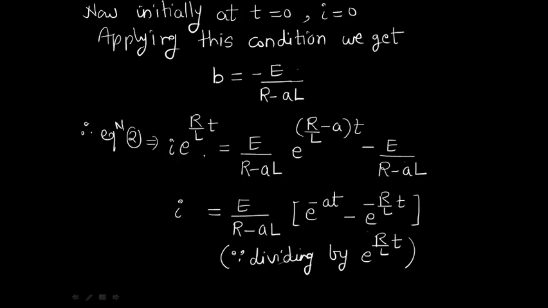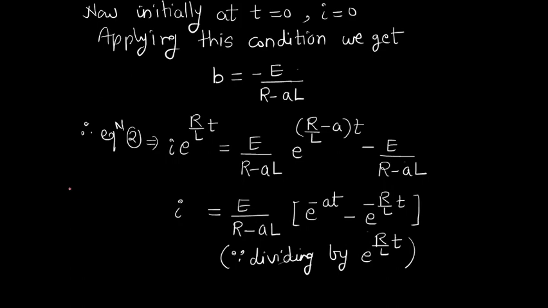Put this in equation 2 for B. Again we find certain terms common. Take it outside, E upon R minus AL. See what I have done here, I have written it directly.